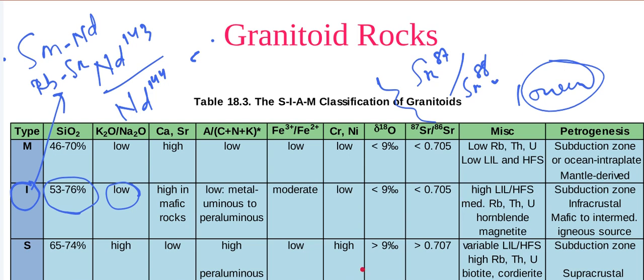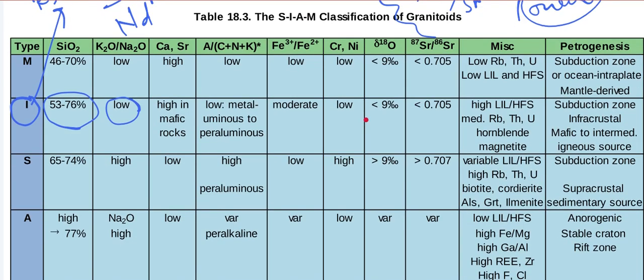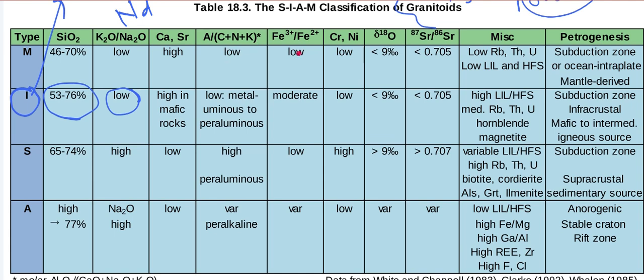Now we'll move to the next point. Fe content will be low because this is differentiated. Chromium and nickel are high because it is primitive in nature. Sorry, moderate Fe content, low chromium and nickel.